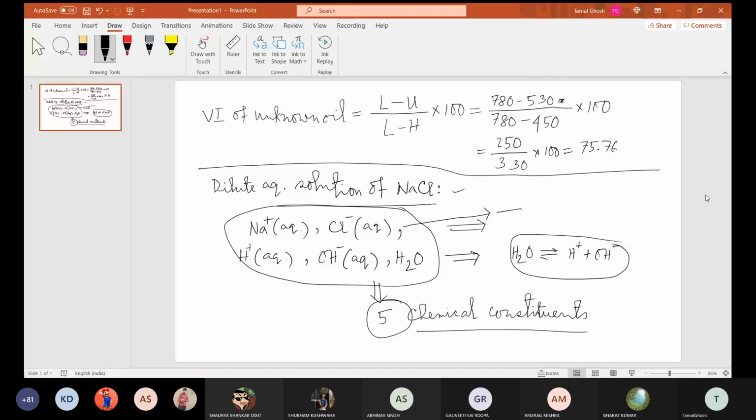So it will be forming Na plus and Cl minus aquated, both are aquated form. So that is the NaCl part, and water, this already we have discussed; if you have opened your slide by mistake, you can see it is given there.